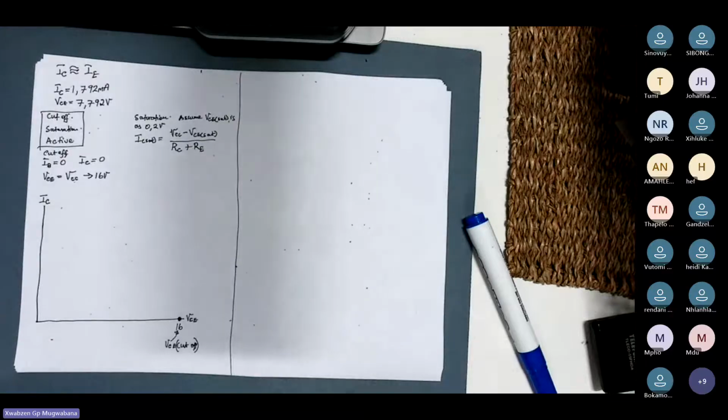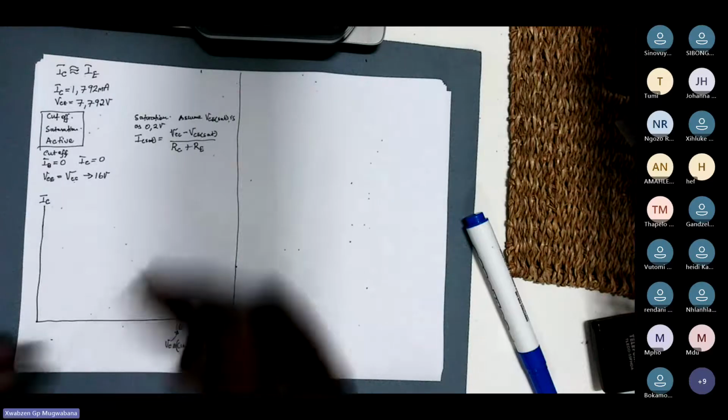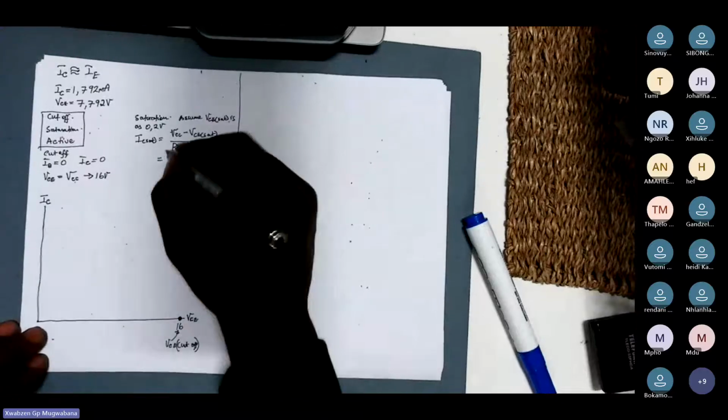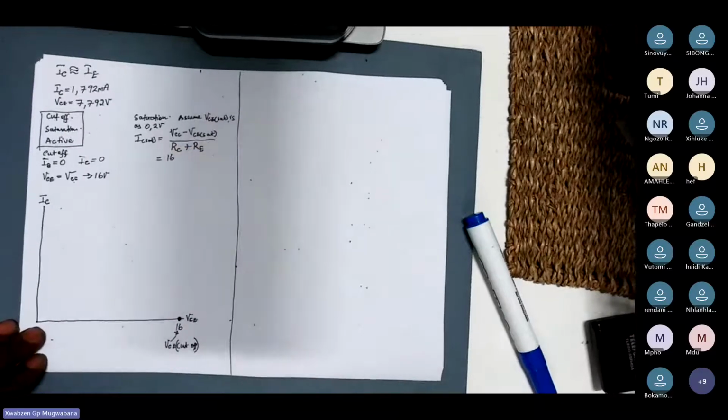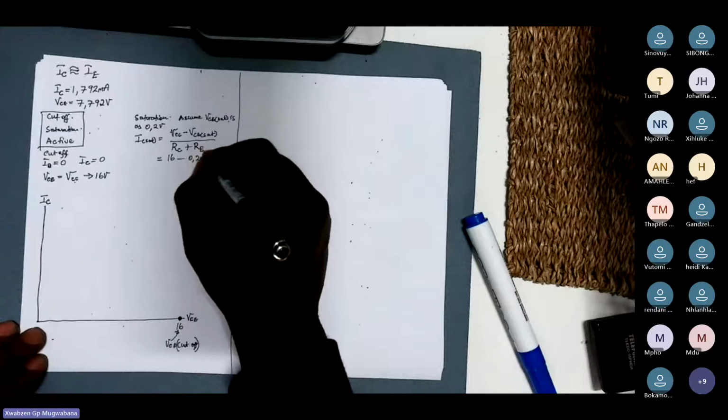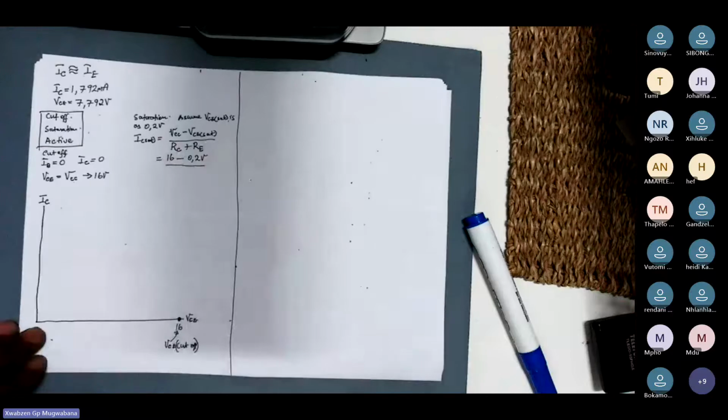Are we together so far? Yes. Good. Now, if this is the condition, what is VCC? VCC is 16 volts, isn't it? Minus V saturation 0.2 volts, divided by RC.